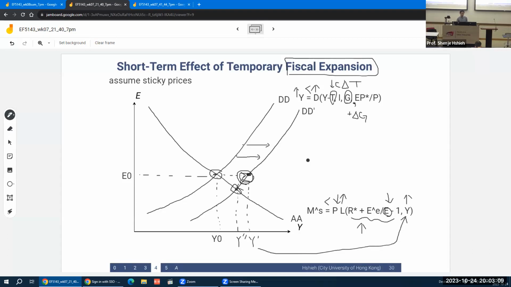And it's not just one, it's not just two steps, it's infinite steps because it's just constant cycling of a change in E has a change in Y has a change in E, and then change in Y has a change in E, and so forth until everything stops, right? And when everything stops, then we have an equilibrium point. So the final market clearing set of equations is E naught and Y double prime.